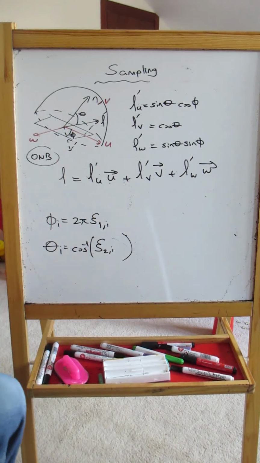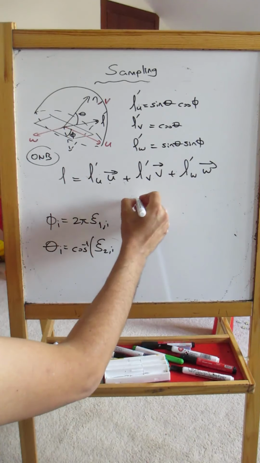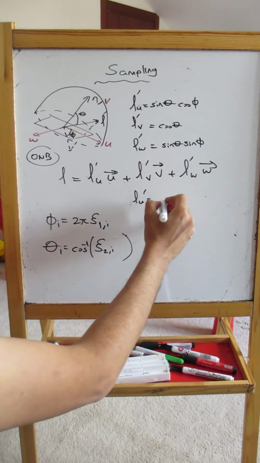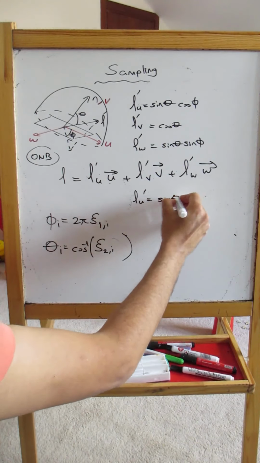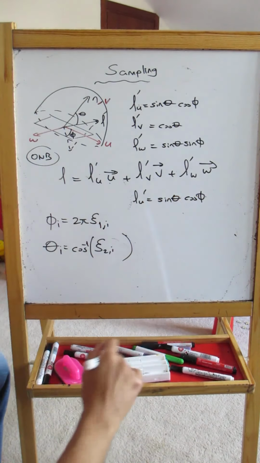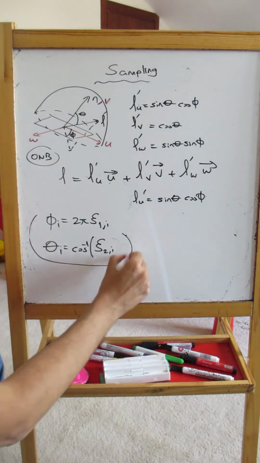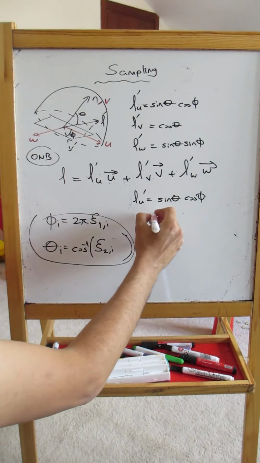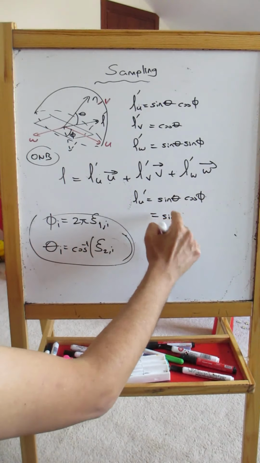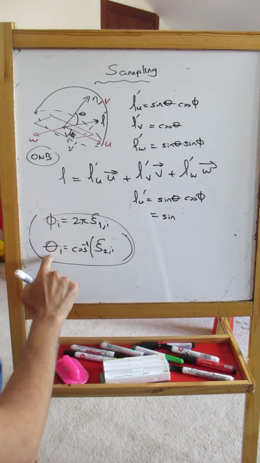So now, how do we find L prime u? Remember, L prime u is equal to sin theta cos phi. Now let's use what we have here. This is equal to sin theta, but what is theta?